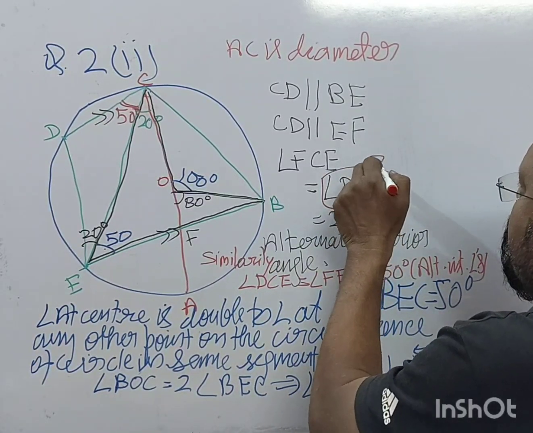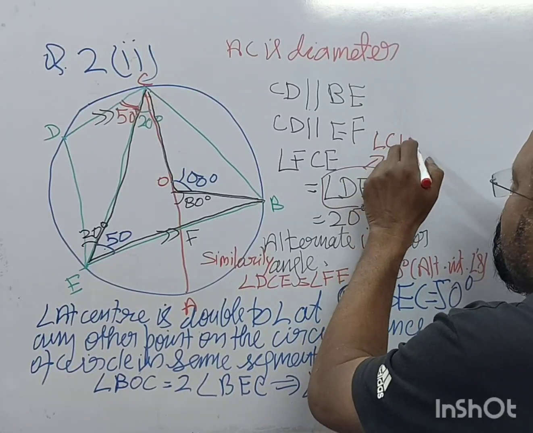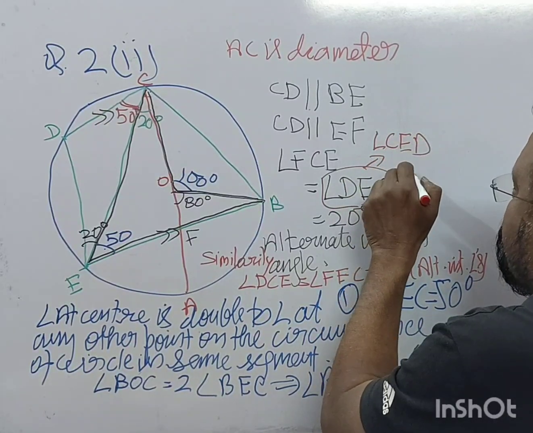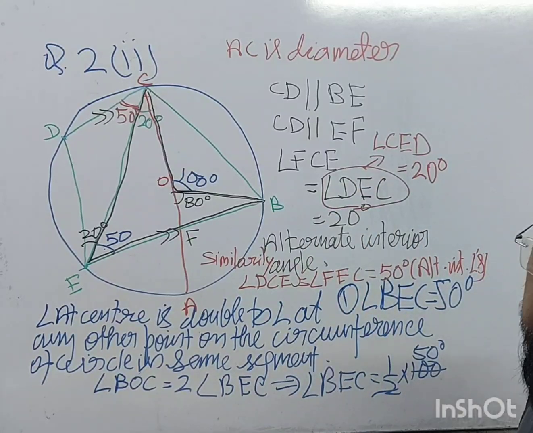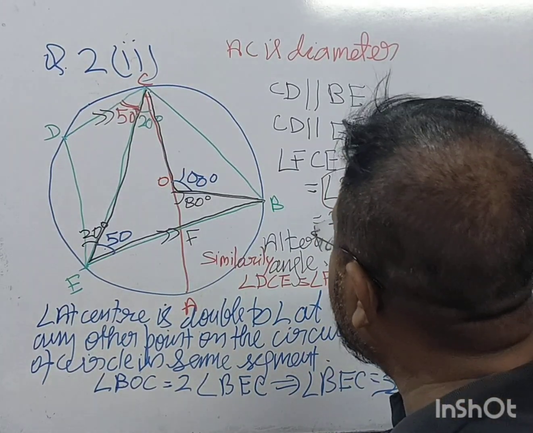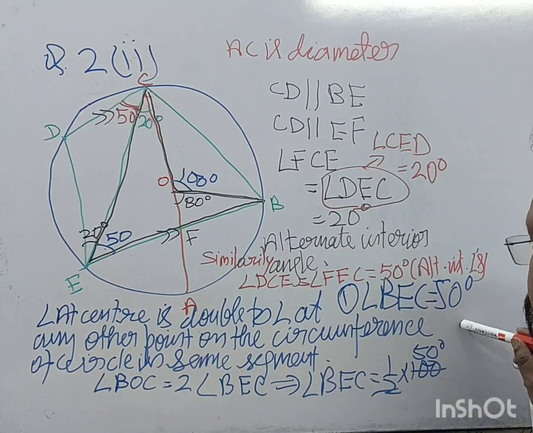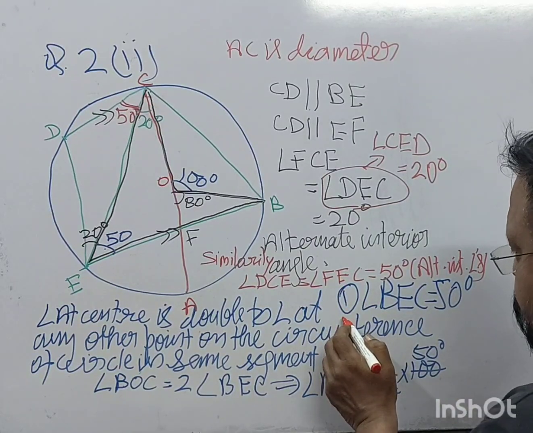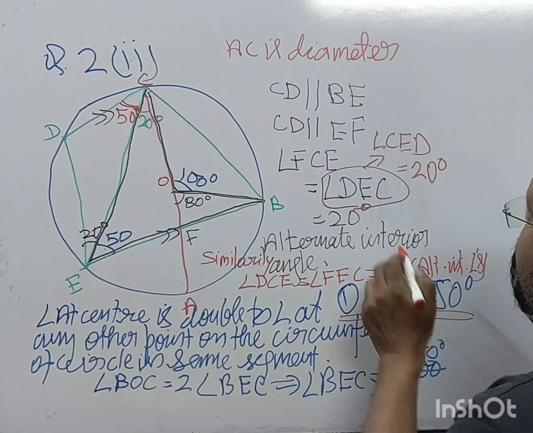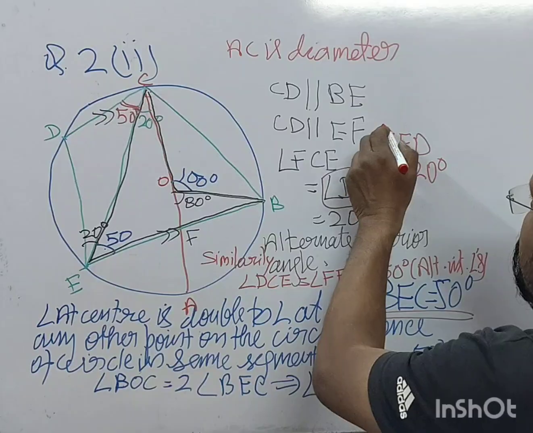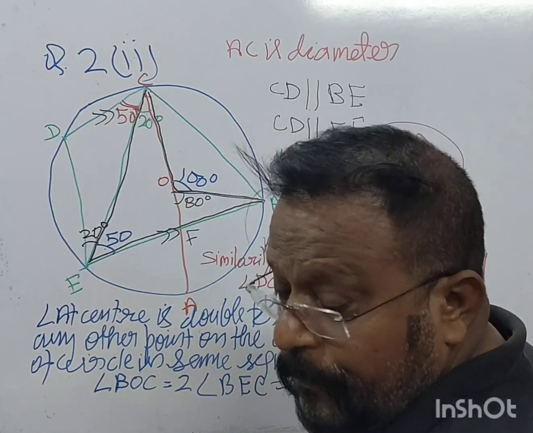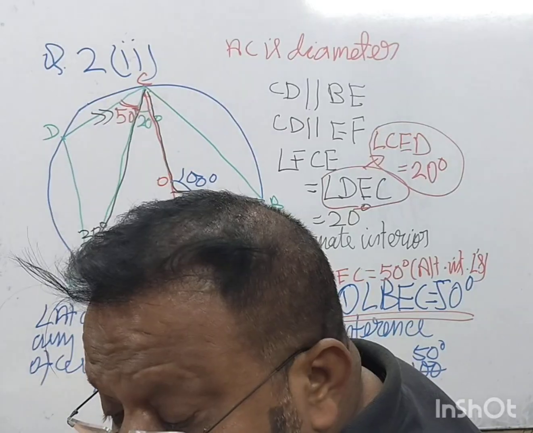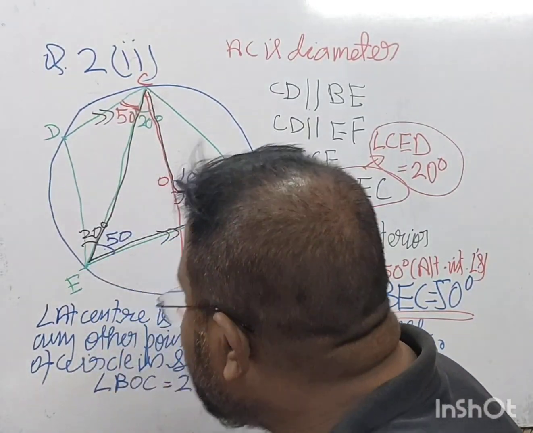So angle CED is equal to 20 degrees as here, right? We have done this one, this one, and this one, right? But the last one is left, which is BCD.